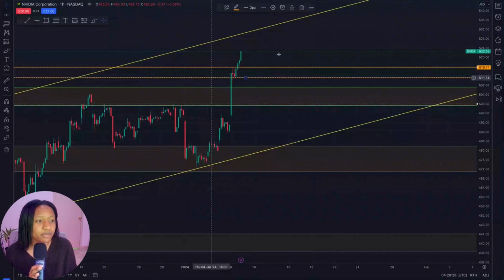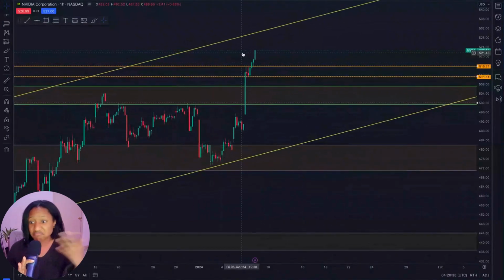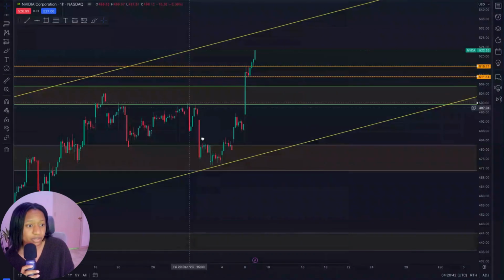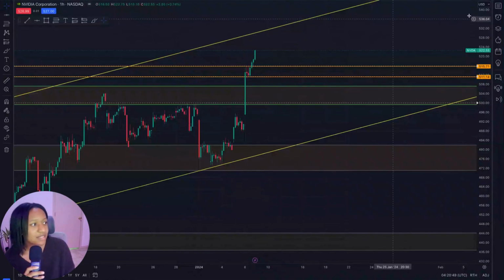So I'll put a line over there as well. So yeah, that is my play. It passed the beams. It passed here. You remember it was resisting here, came down, boom, down again. And it shot up, and I do believe that it'll go at least up till here. I'm anticipating that.